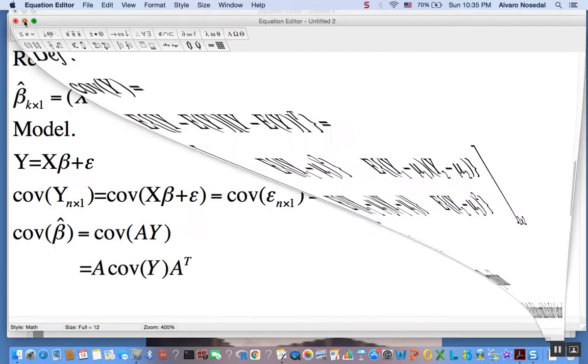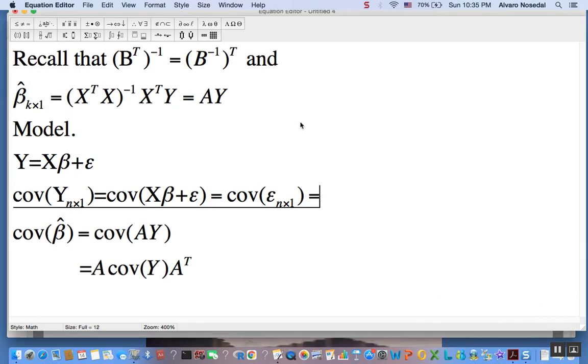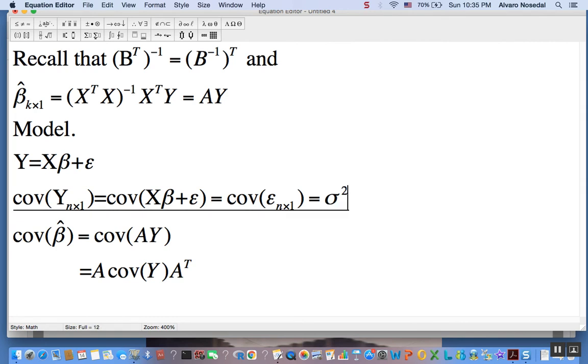One nice way of expressing that is sigma square times an n by n identity matrix. Make sense?